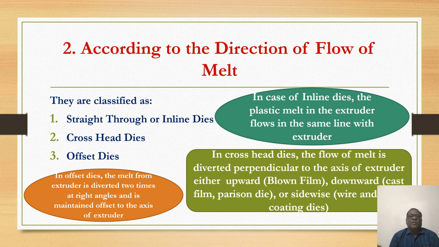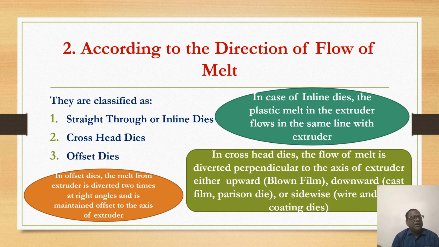So in case of inline dies, the melt direction will not change. The melt will enter the die in the same direction in which it is coming from the extruder. But in case of cross-head die, the melt will come from the extruder along, assume, the x-axis, but then it will flow at 90 degrees, along the y-axis.